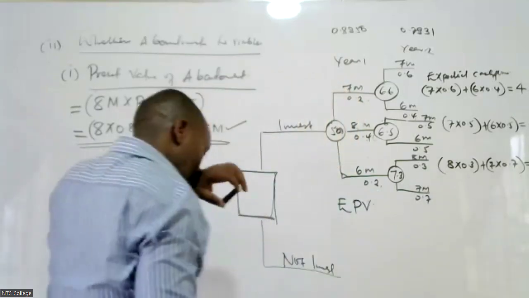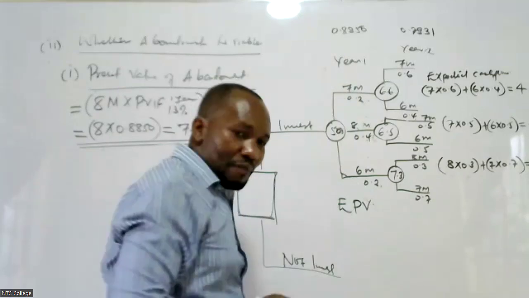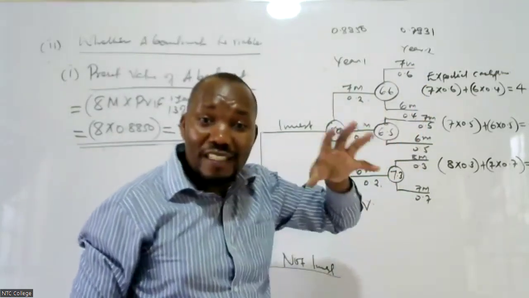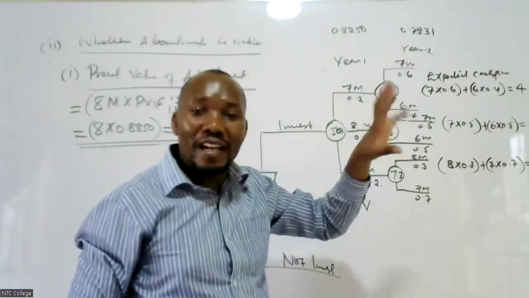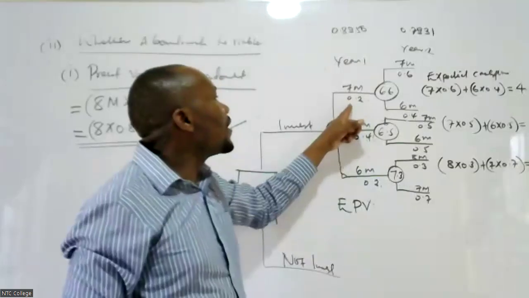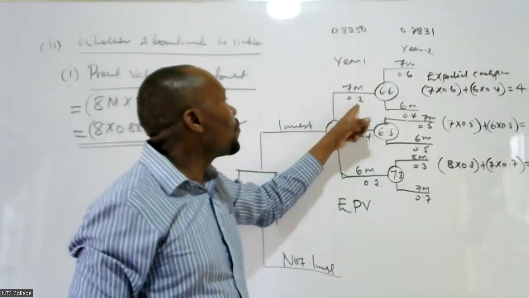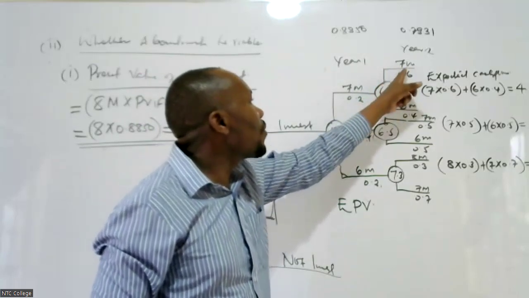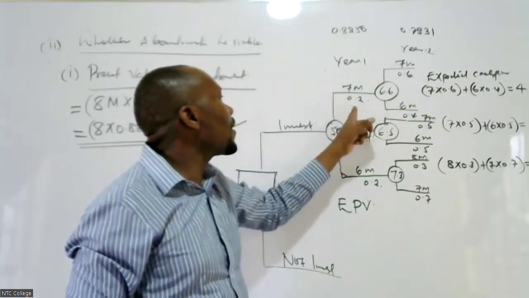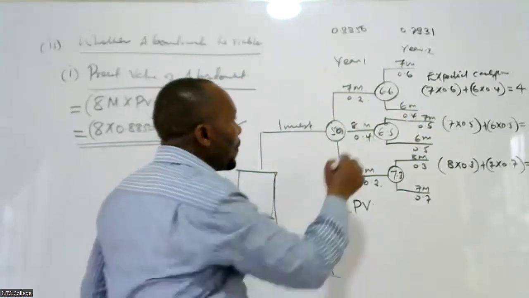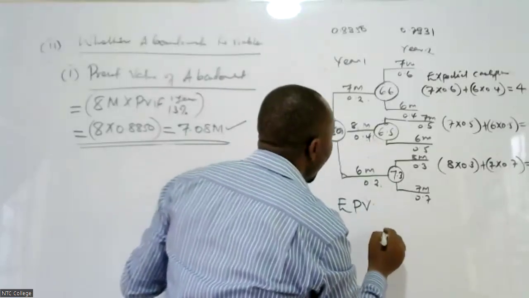Okay. Now, we are saying that even though we arrived at year 2, it was not easy. There was a possibility of us arriving there. The probability of you getting this is 0.2. There is 0.2 probability that is on this line. Just the way we had this one, there was a probability, so this one has been affected by this probability. So we need to multiply them again with their respective probability.